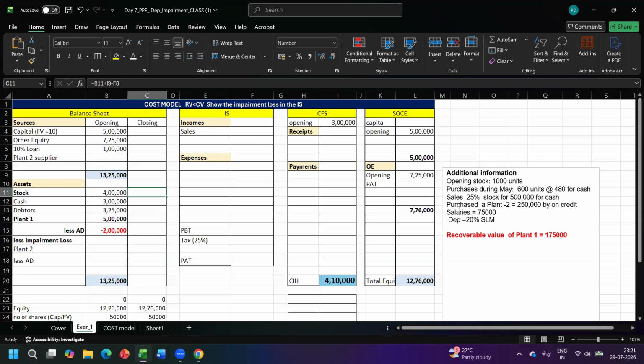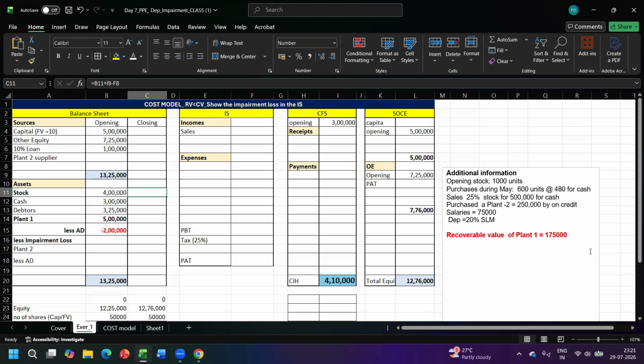So this is the information given just to drive in the importance of the application of Ind AS 2, that is inventory, Ind AS 16, that is property, plant, equipment, and Ind AS 36, that is impairment.